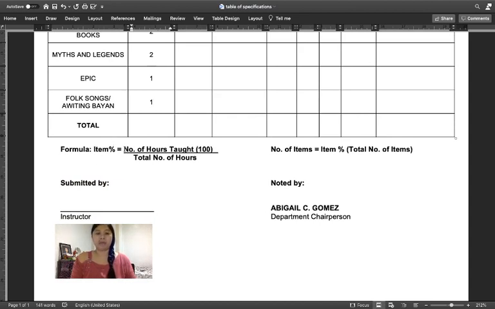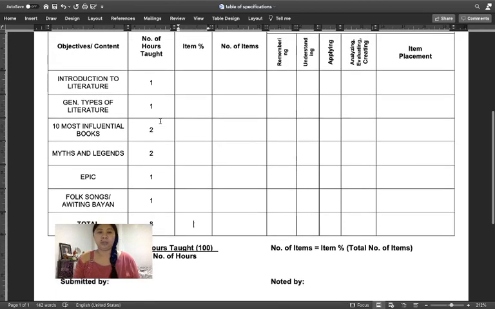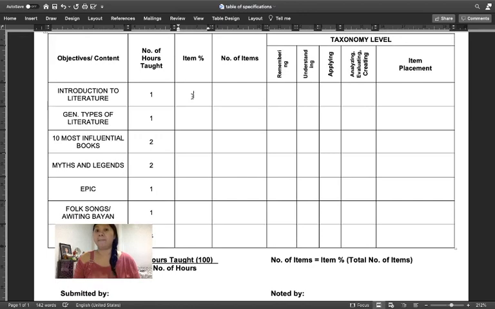You have to divide the number of hours that you taught by the total number of hours. So our total here is 8. So what do I mean by that? It's like 1 divided by 8, 1 divided by 8, 2 divided by 8. By computing all of those, the item percentage would be 12.5.